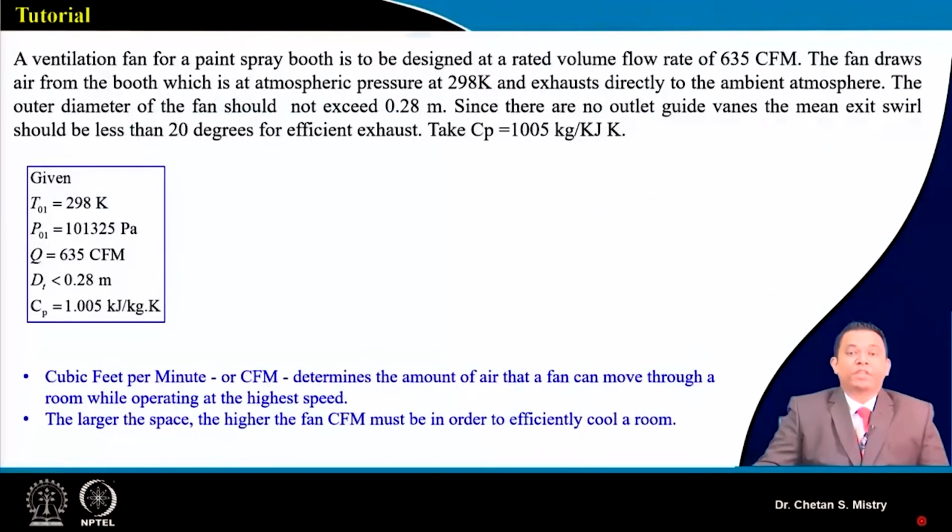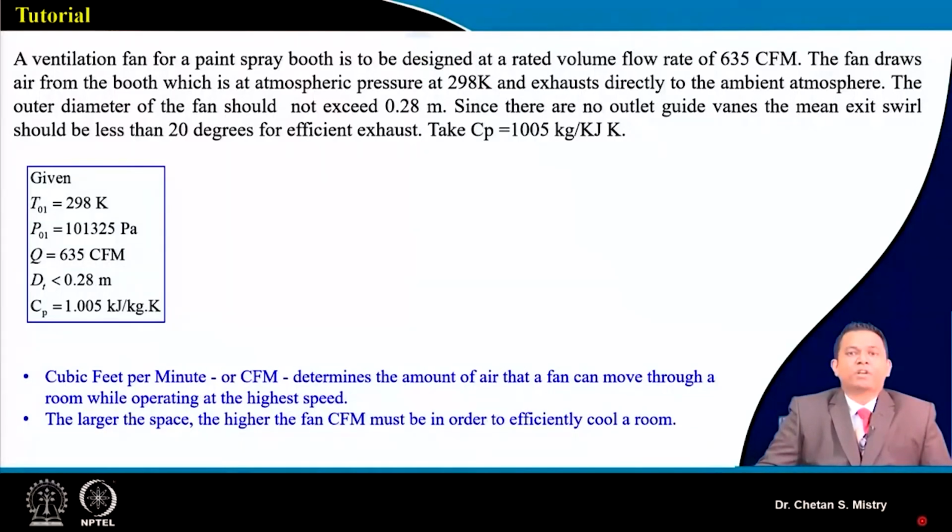So let's say we are looking to design a ventilation fan for a paint spray booth with a design rated flow rate of 635 CFM. The fan draws air from the booth, which is at atmospheric pressure and a temperature of 298 Kelvin, and exhausts into the open atmosphere.